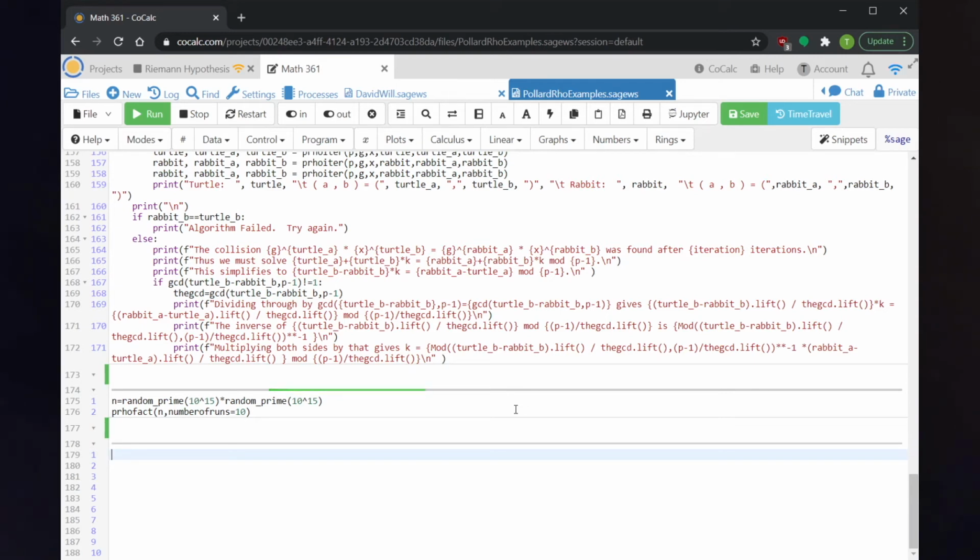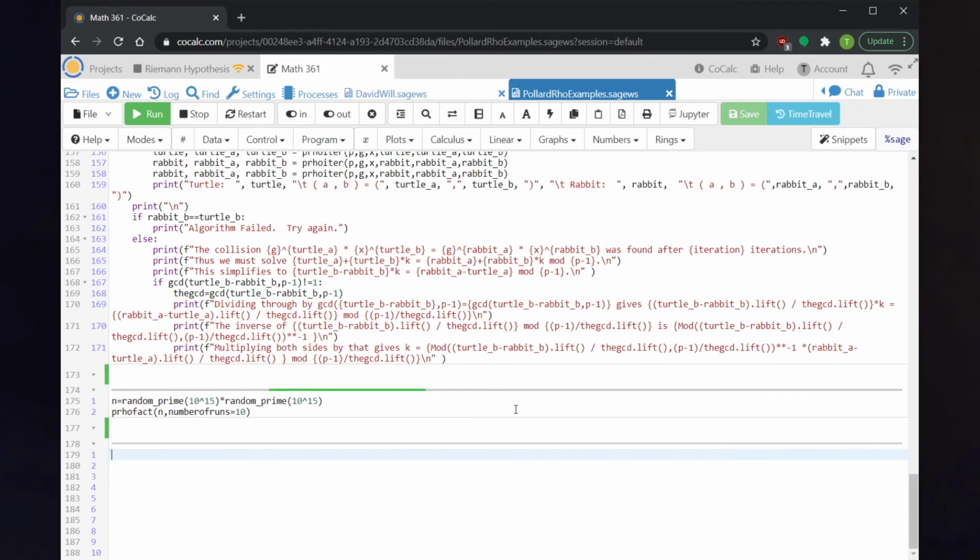Now, while this chugs along, one thing I want to point out is that at no point in any of these examples that I've shown you has the algorithm failed. In just a minute, I'll pull up an example to show you the algorithm really can fail, but it's much, much more likely to fail for factoring very small numbers than very large numbers.